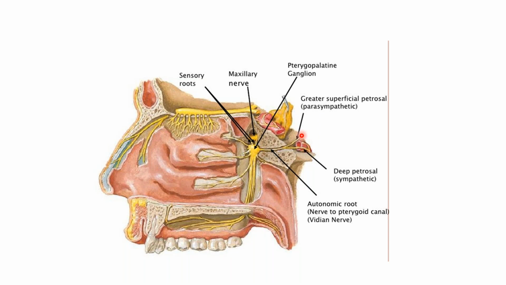This pterygoid canal contains the nerve of pterygoid canal, which was formed by the joining of the greater or the superficial petrosal nerve with the sympathetic plexus around the internal carotid artery. When these two nerves join, they form this nerve of pterygoid canal, and it comes into the relation of which fossa? The pterygopalatine fossa. So this is that pterygoid canal which I was talking about.